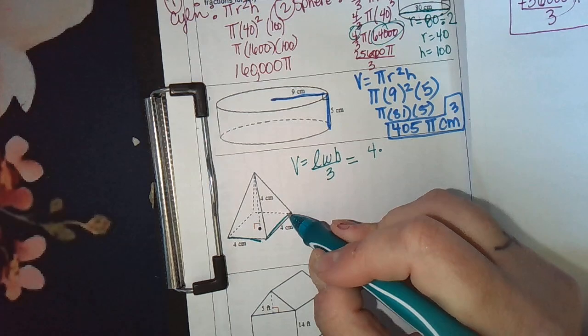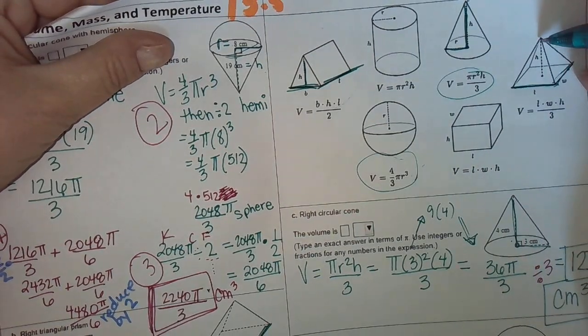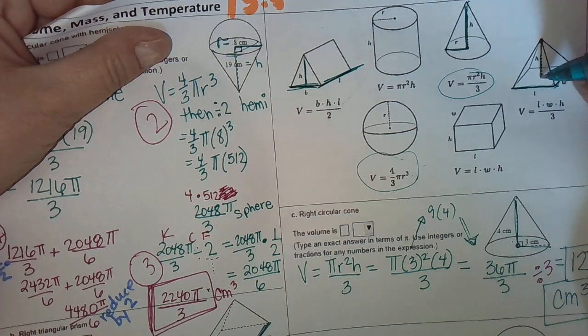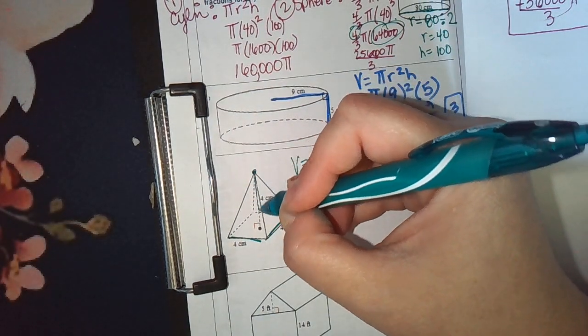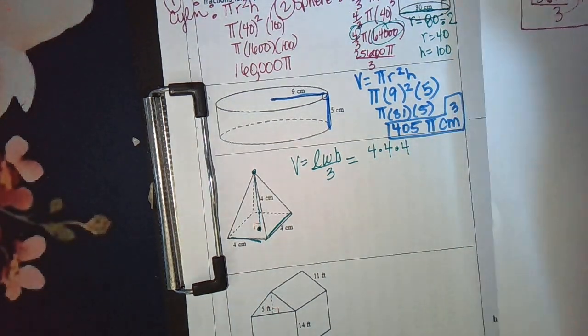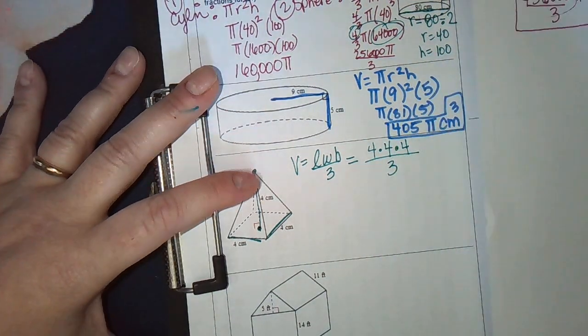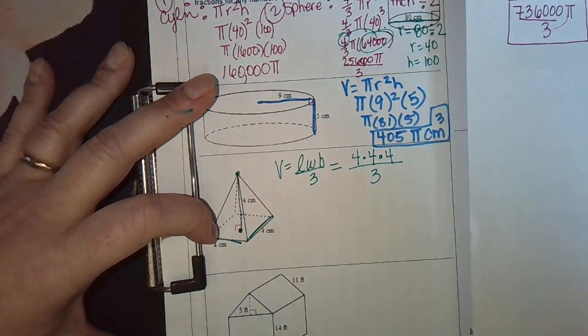So how far we go back, crooked, is another 4. Height goes from the tip-top point straight down to the middle of that base. So that's the height. All over 3. Okay, there's no pi's because there was no pi in the formula.